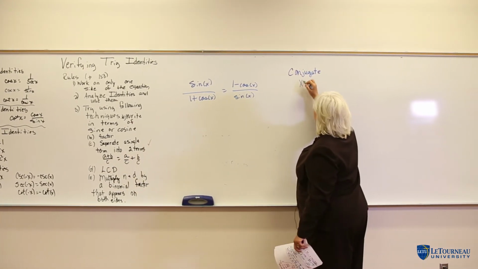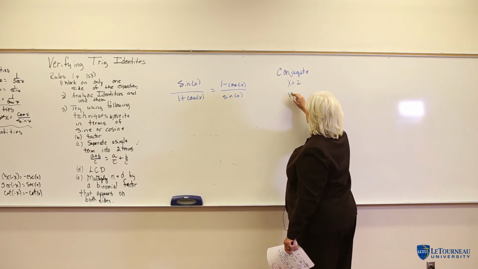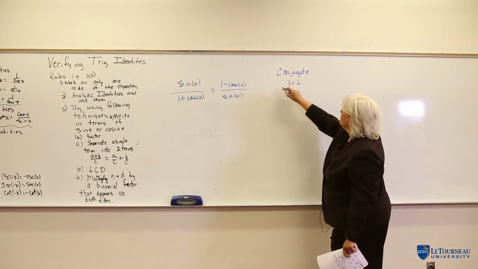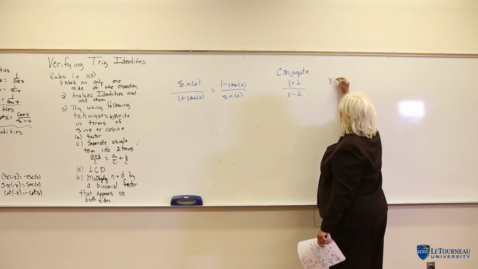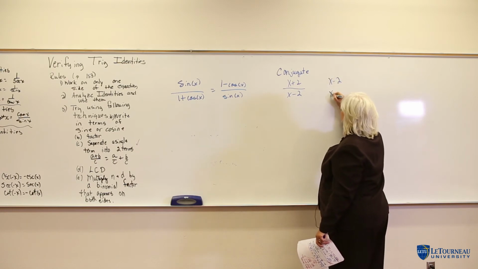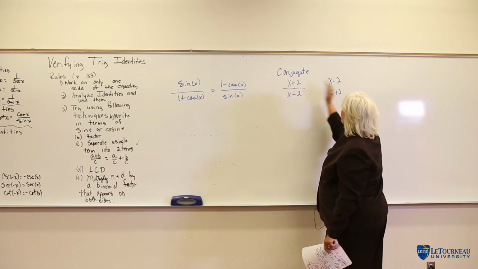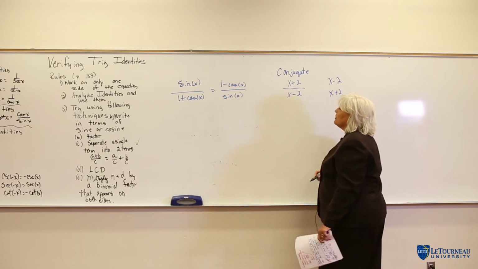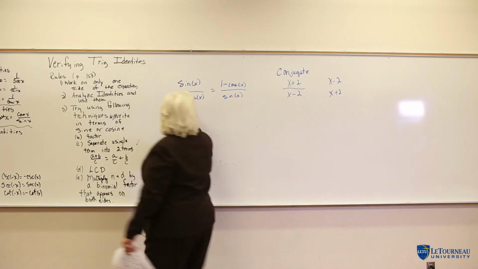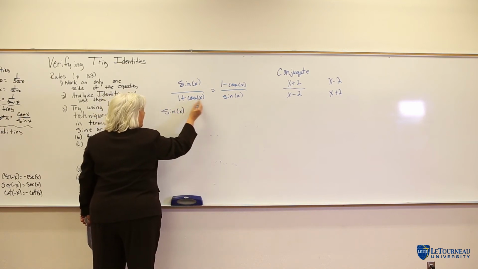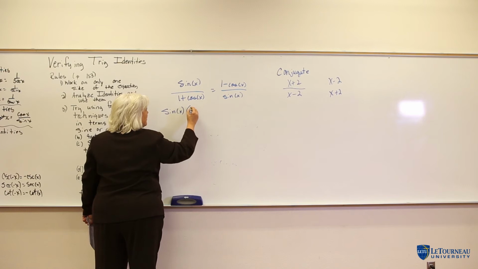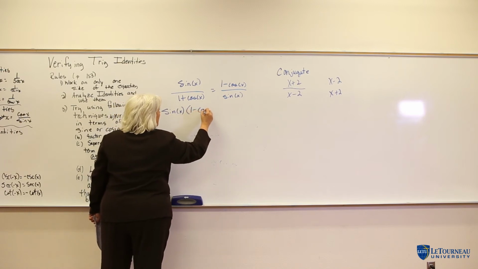If I have x plus 2 in my denominator, the conjugate is x minus 2. If I have x minus 2, the conjugate is x plus 2. You notice they're the same. The only thing that's changing is signs. So what I need to do to this side is multiply by the conjugate. The conjugate of 1 plus cosine is 1 minus cosine.